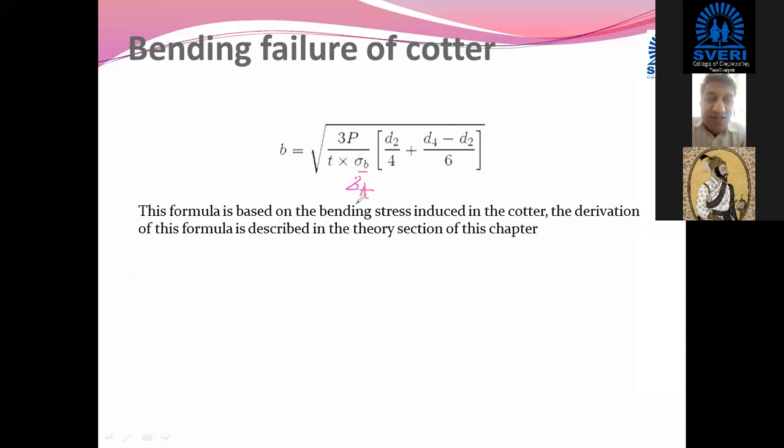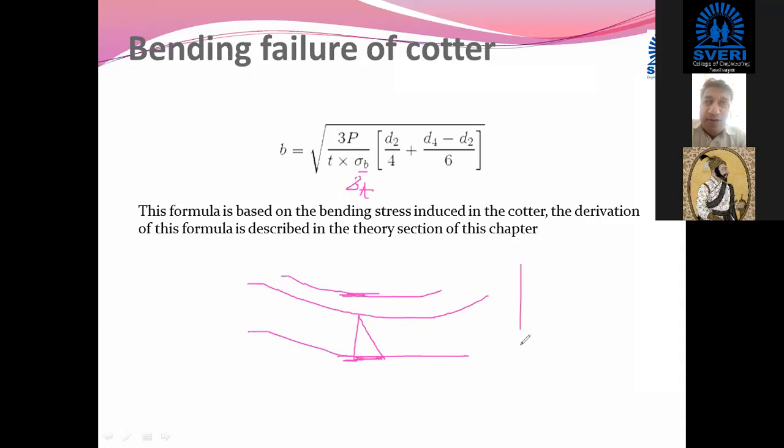Okay, bending stress. Sigma T, that value we are going to consider, because maximum stress will be at the uppermost layer, I can say, and the lowermost layer, because this bending stress is going to vary from the neutral axis to the farthest layer. It is more because you might have drawn such a diagram while drawing the stress diagram. So this is the neutral axis and the lowermost part.